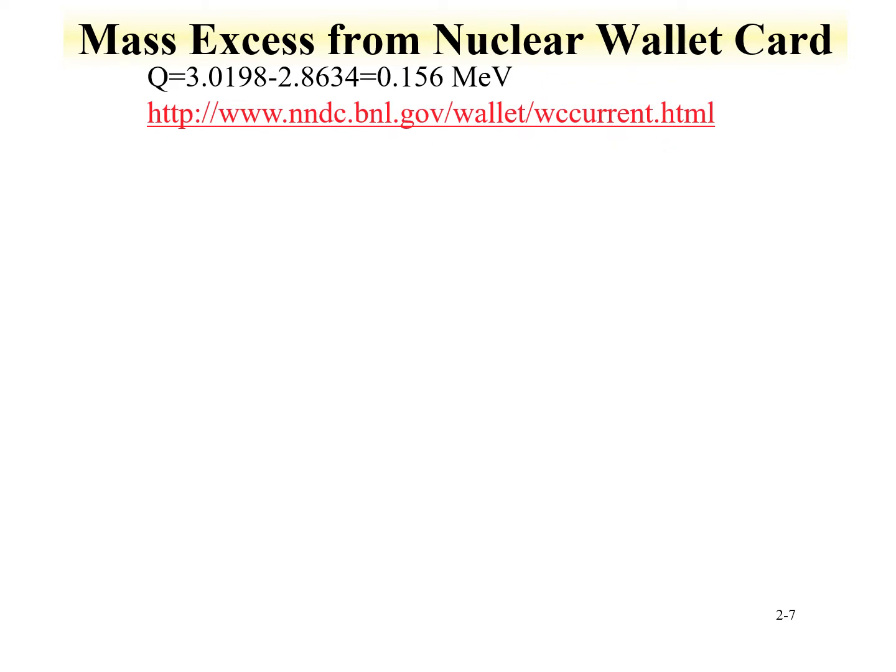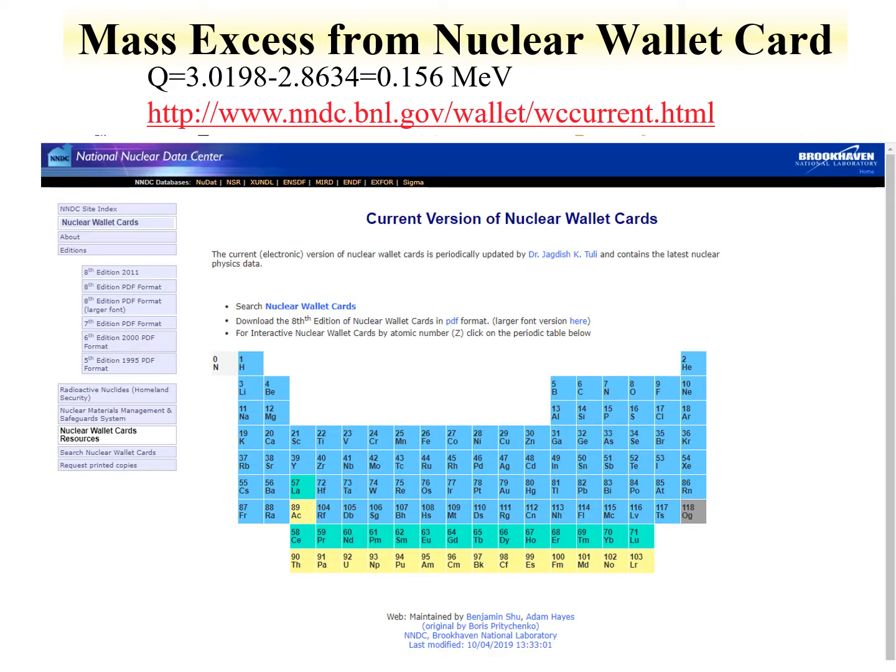I'll show you what that would look like if you were to go to this website and click on it. You would find a periodic table that would pull up. Find carbon and nitrogen as they are shown here and click on them in series. So you would select carbon, get the data, select nitrogen, then get your data.